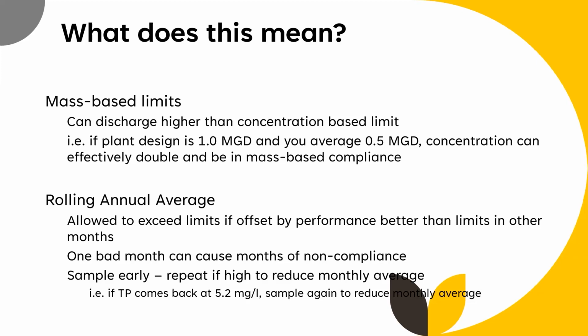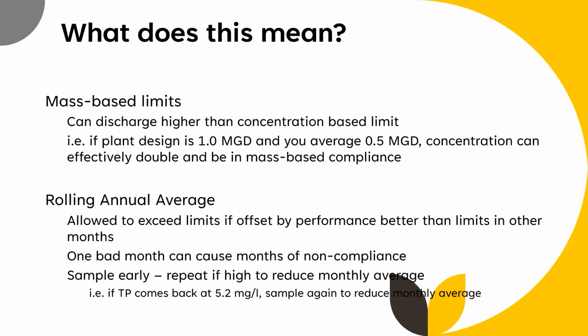If you get a value back and it's 0.8 milligrams per liter total phosphorus, don't sample again. But if you get a high value back, say 3, 4, 5 milligrams per liter total phosphorus, you want to pull another sample, because hopefully that hiccup didn't last the entire month, and you will be able to bring your monthly average that goes into that annual rolling average down some.